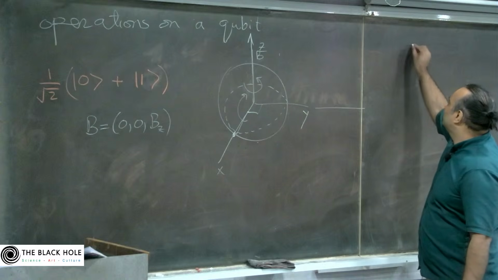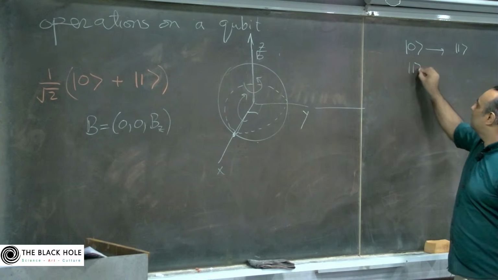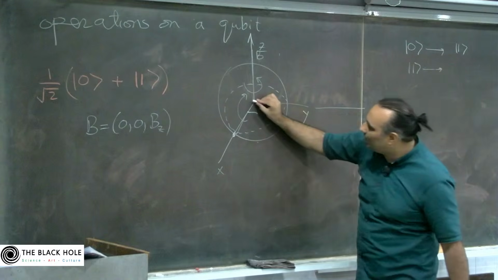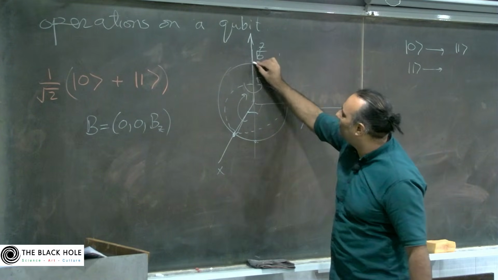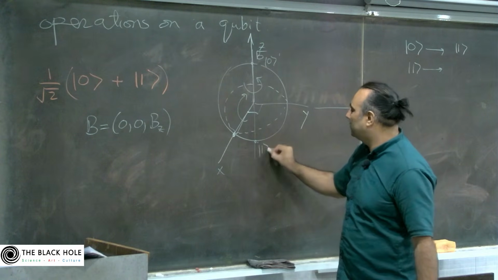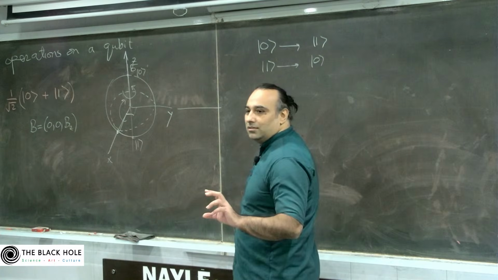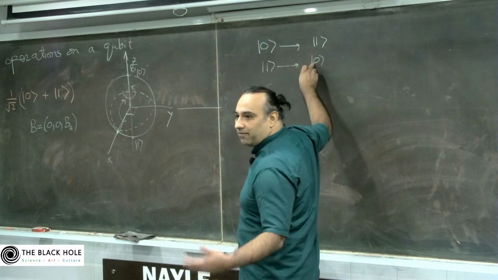So you would change 0 to 1 and 1, which is somewhere along minus z, to 0. This is kind of a bit flip.